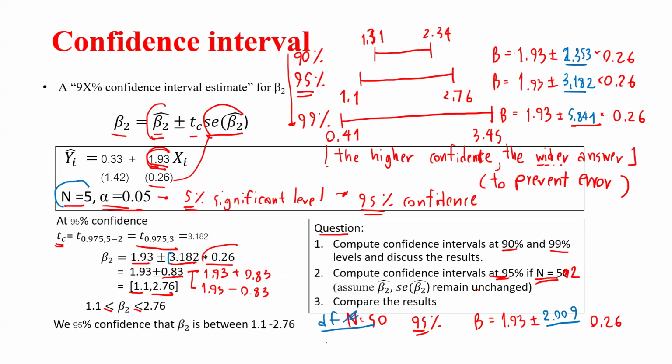So the higher the number of observations, the narrower the answer.